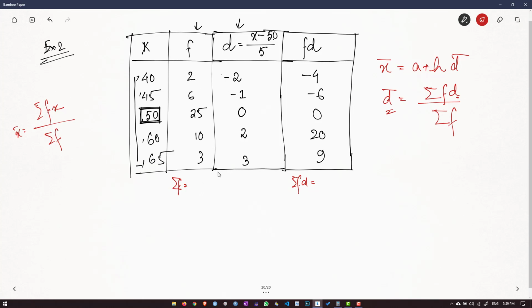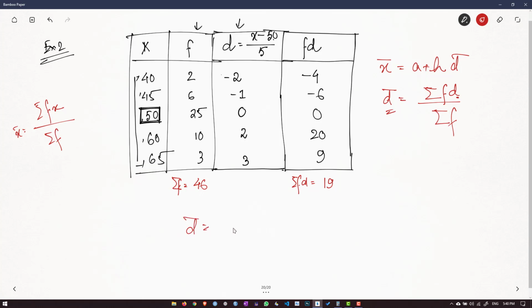So here 2, 6, 25, 10 and 3 adds up to 46. And for this column, minus 4 minus 6 is minus 10, 20 minus 10 will be 10, plus 9 is 19, right? So summation fd is 19 and summation f is 46.